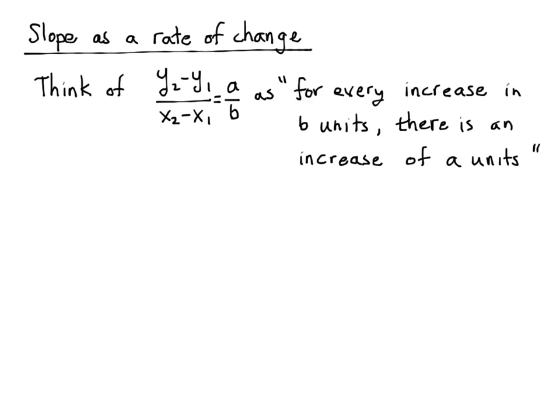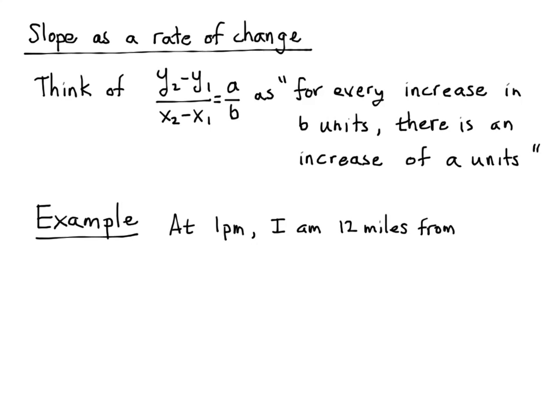This is the rise over run idea. So for every amount that you run, you're going to rise a certain amount. It tells you how fast something is changing with respect to something else. I realize that is kind of abstract, so let me give a more concrete example.